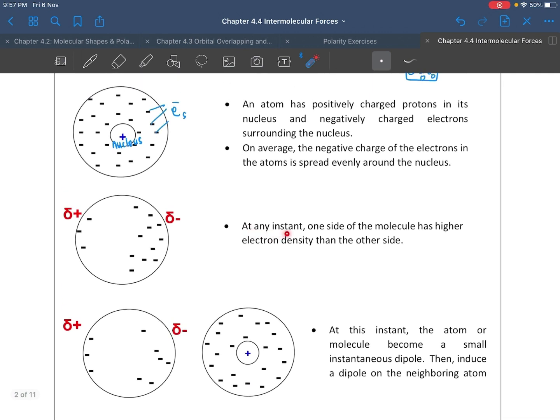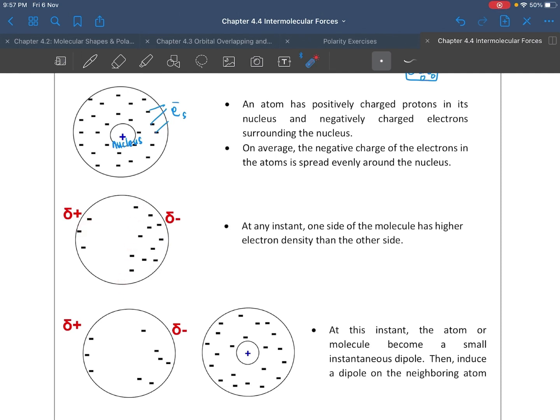At any instant, one side of the molecule has higher electron density than the other side. Okay? That means, elektron tu kan dia boleh bergerak. So, bila elektron tu bergerak, elektron tu mungkin tiba-tiba dia ramai-ramai elektron, banyak-banyak elektron tu bergerak ke sebelah kanan. So, end up, area sebelah kanan ni become, electron density dia makin tinggi.